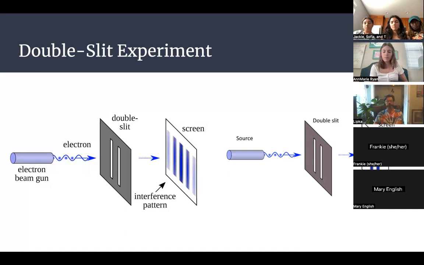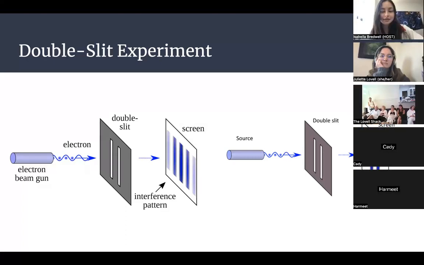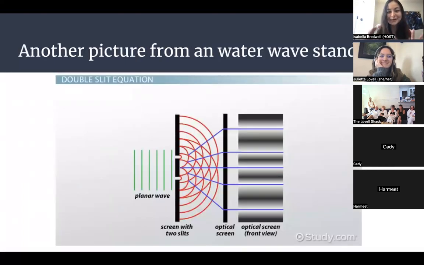But actually, it's observed that when we shoot electrons through both slits, they create this interference pattern that's on the left. And on the next slide, I'll show you a better picture. I guess I'll go back. So if you imagine an ocean wave coming in, hitting those two slits, and these waves spanning out, the interference pattern is what you would get from shooting electrons through those slits instead.